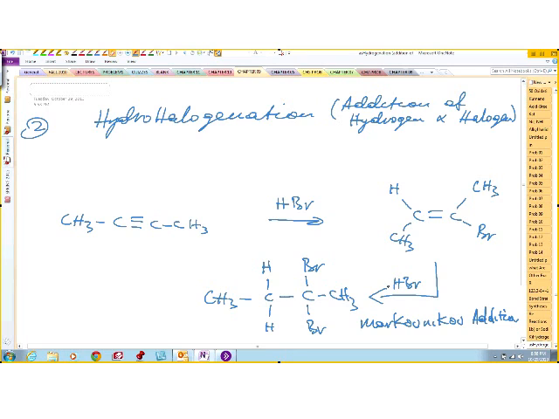And what do we obtain? We obtain what we call a gem dihalide. Gem dihalide simply means you have the halogen, in this case the bromine, attached to the same carbon atom, in this case right here. So this is an example of a gem dihalide.